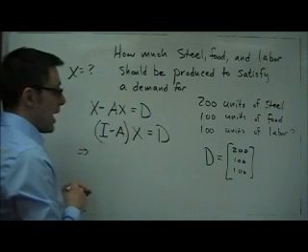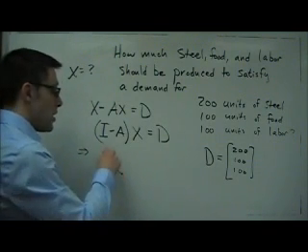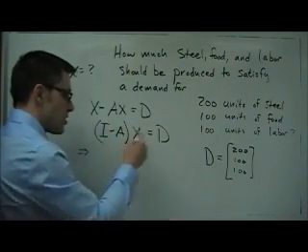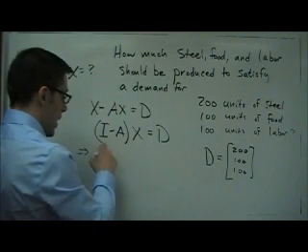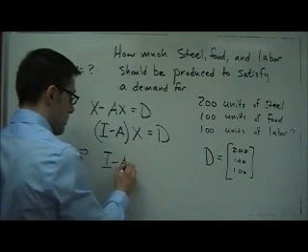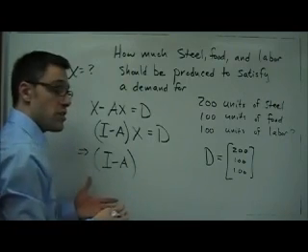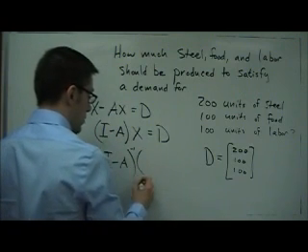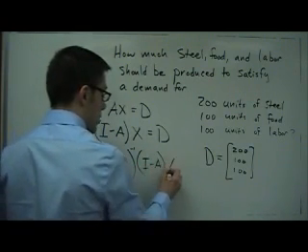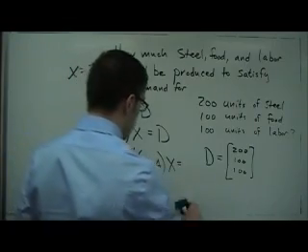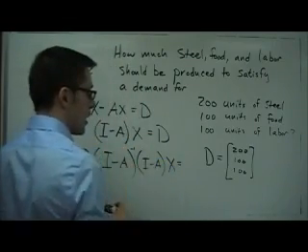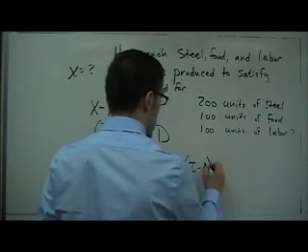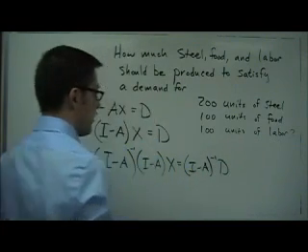In order to actually isolate the x by itself, remember that I multiply by the inverse of this quantity on both sides. Whatever I do to one side, I must do to the other. So I multiply both sides by the inverse of I minus A. And of course, I minus A is really the same size as A, some kind of n by n matrix. So this inverse multiplied by I minus A multiplied by x is equal to the inverse of this multiplied by d, which is I minus A inverse multiplied by my demand matrix.